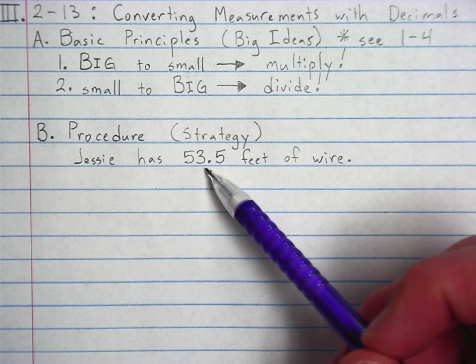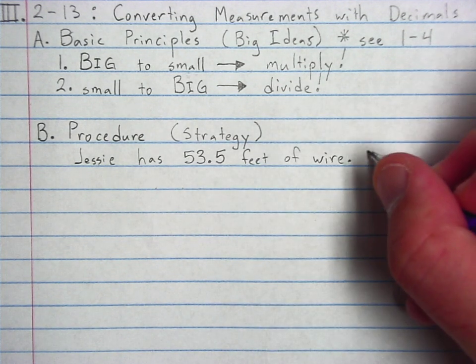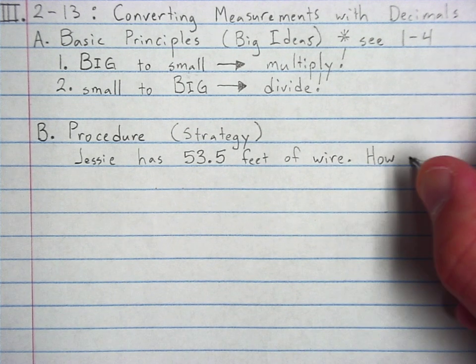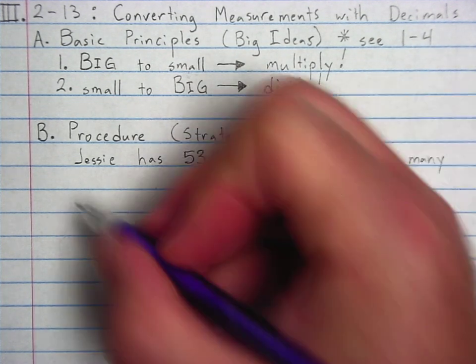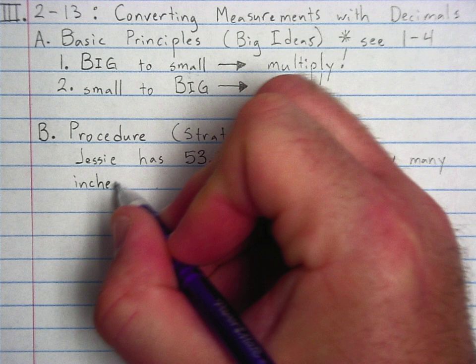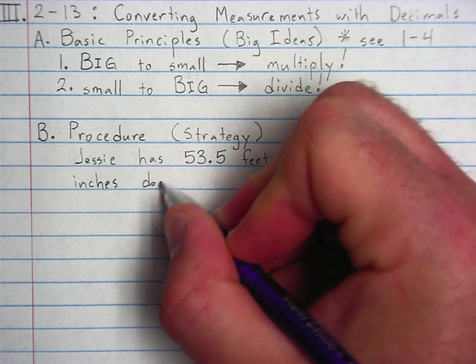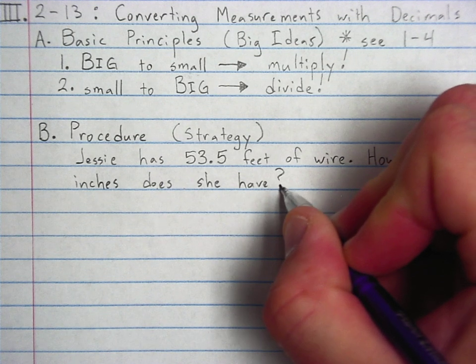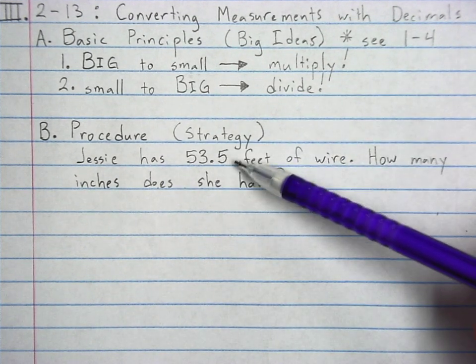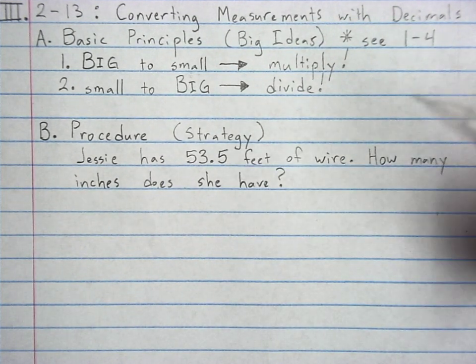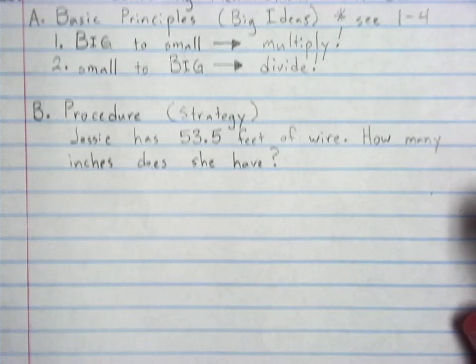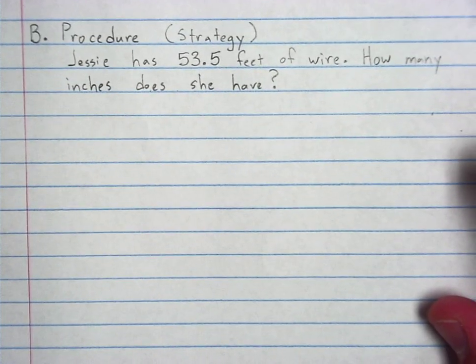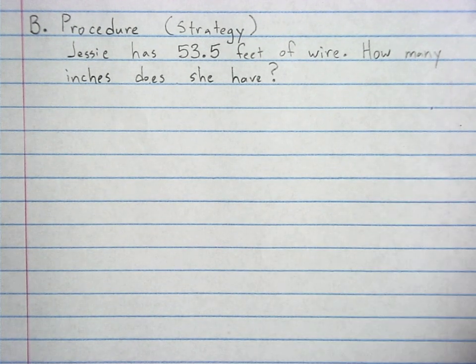Jessie has 53 and 5/10 feet of wire. How many inches does she have? So we know how many feet of wire Jessie has. How many inches does she have? Maybe for what she's working on, it's easier to think of the wire in inch sections. So we want to convert that out.